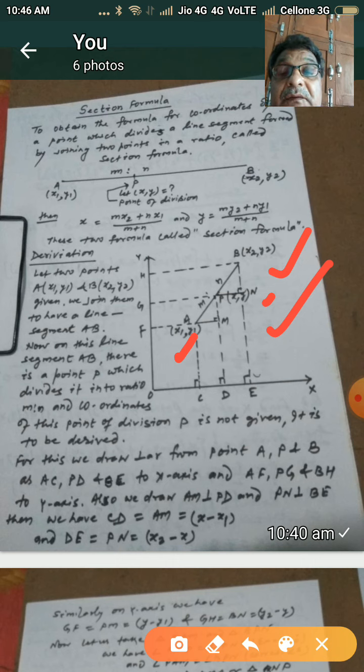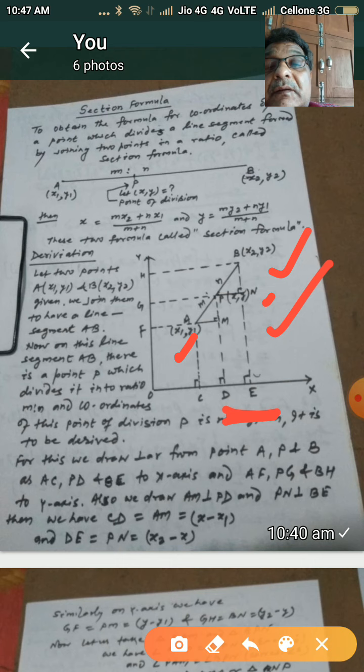Now from this we can have the measurement of CD, which is equal to OD minus OC, so it is x minus x1. Similarly, the distance DE is equal to OE minus OD, that is x2 minus x.